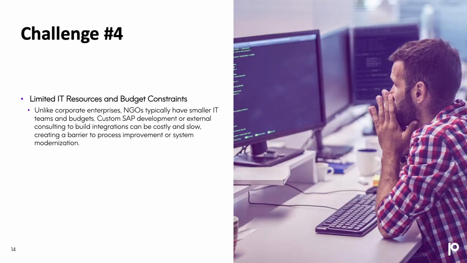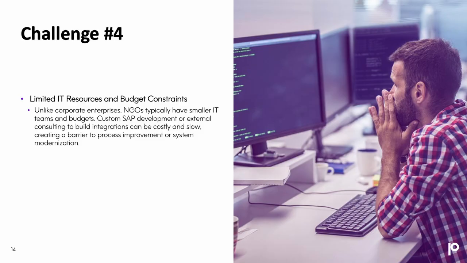Challenge number 4 is just limited resources. Let's face it, we all have limited resources, and often when you are reliant on donors and donor organizations to provide you the funds, you are running with a very, very lean team. So, unlike corporate enterprises, you often have smaller teams and smaller budgets.